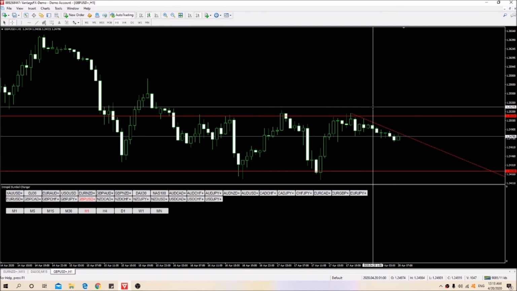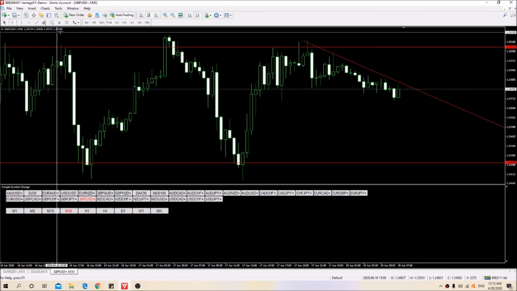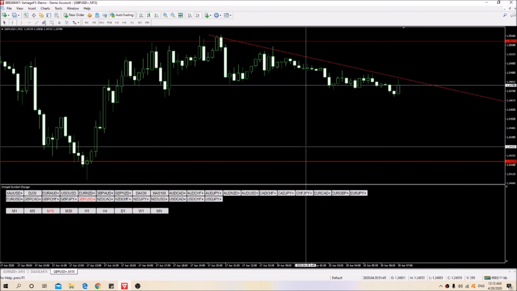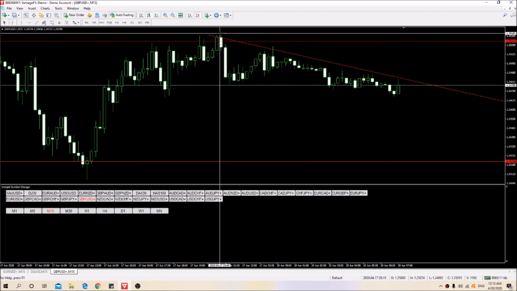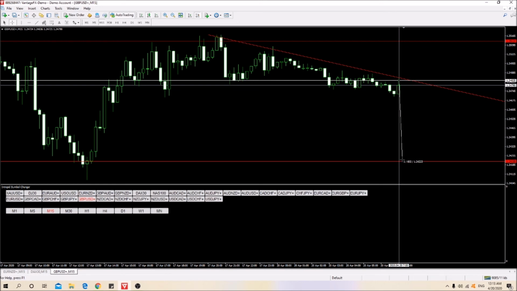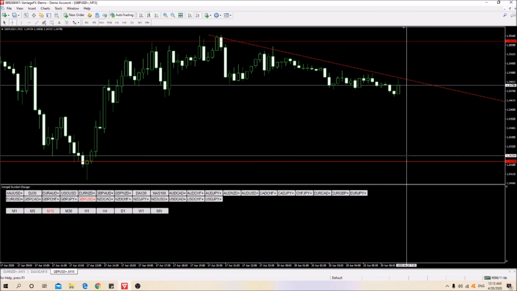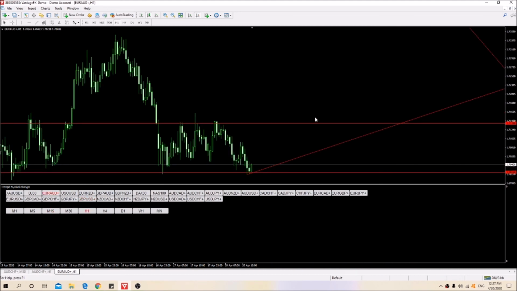So GBP USD is a sell. Let's just quickly go through the lower time frames and see what is happening there. You can see here, same thing, nice rejections, and yeah, analysis GBP USD is going to go down and hit this next support.